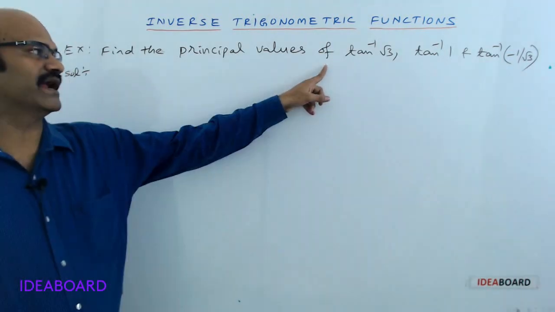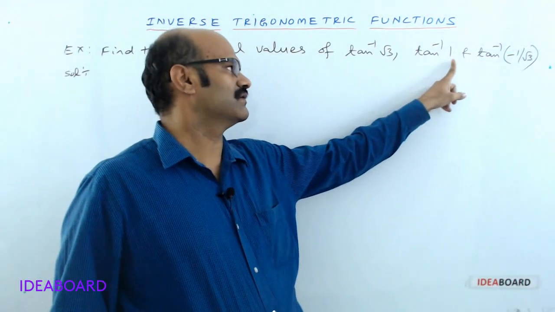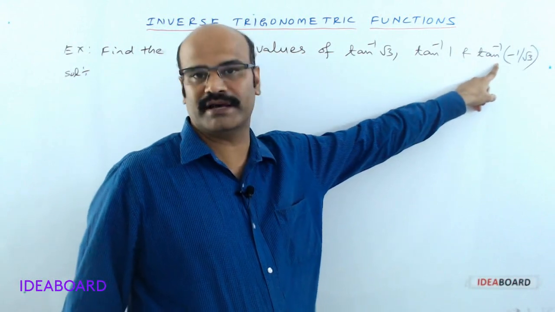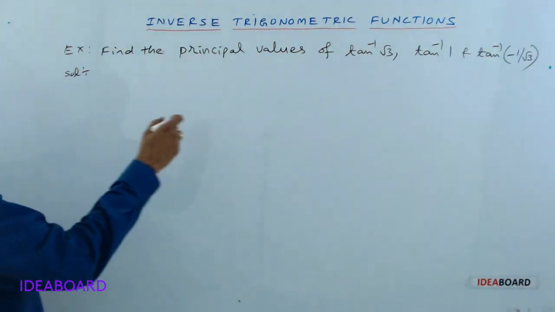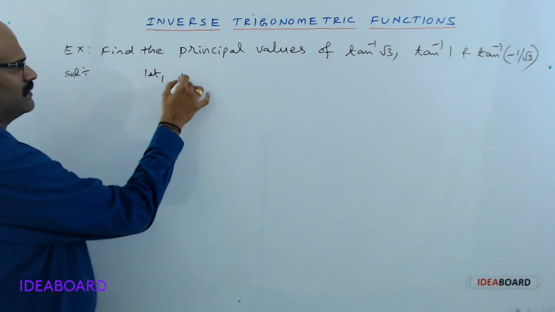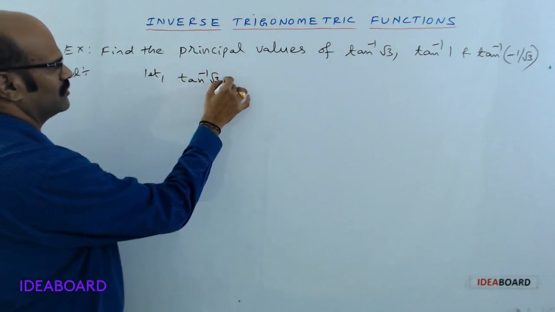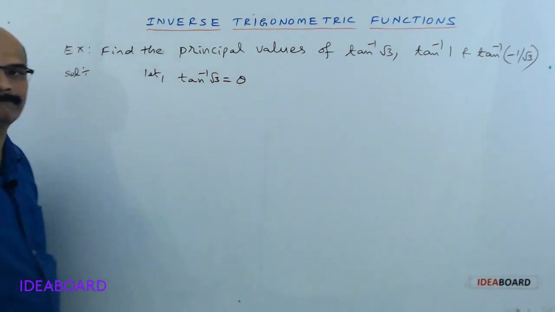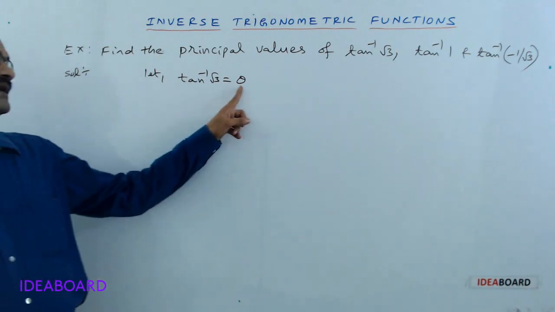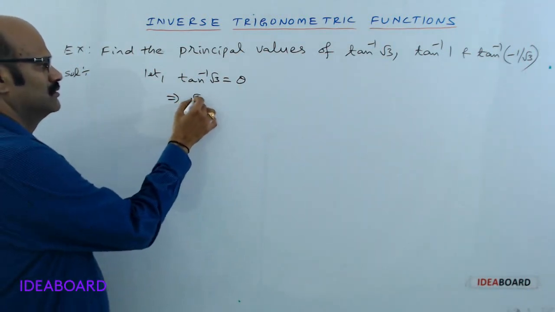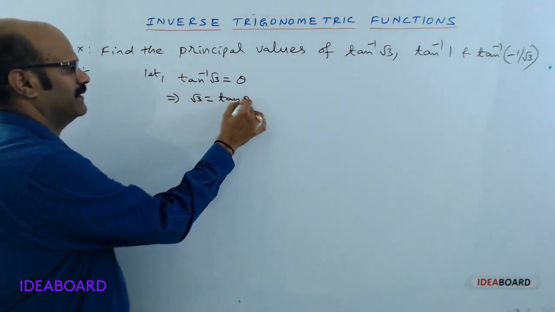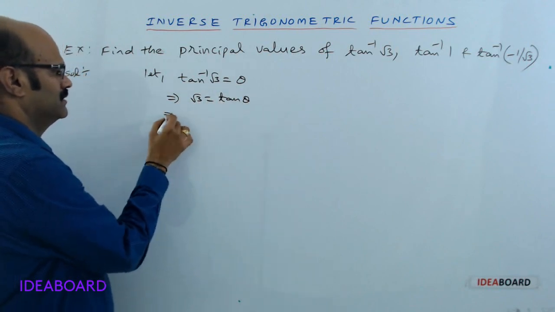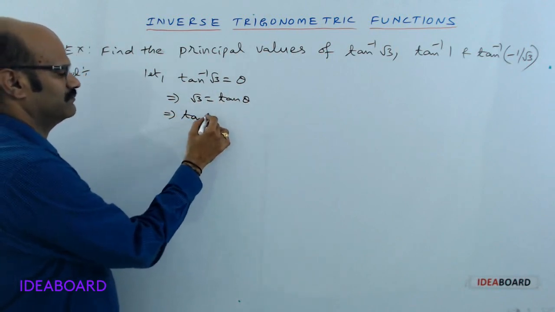Find the principal values of tan inverse of root 3, tan inverse of 1 and tan inverse of minus 1 by root 3. First one, let tan inverse of root 3 equal to theta. It implies root 3 equal to tan theta. It's equal to tan 60.